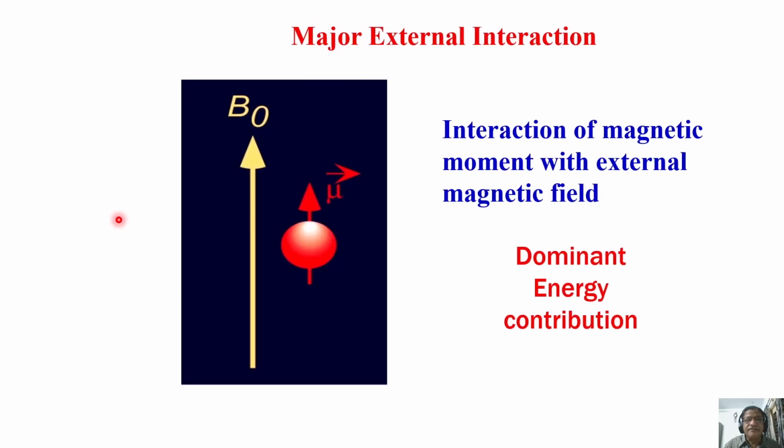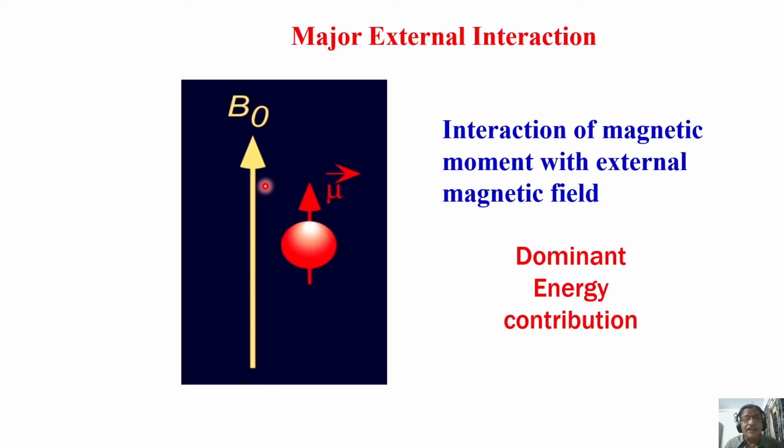First, we'll understand the external interaction. The major interaction is the interaction of the magnetic moment, the spin of the nucleus, with the external strong magnetic field B naught. Why do I say it is the dominant interaction and the interaction strength is very large?